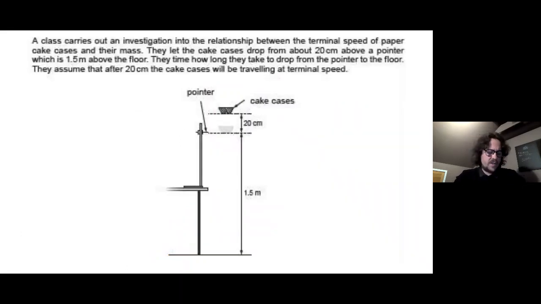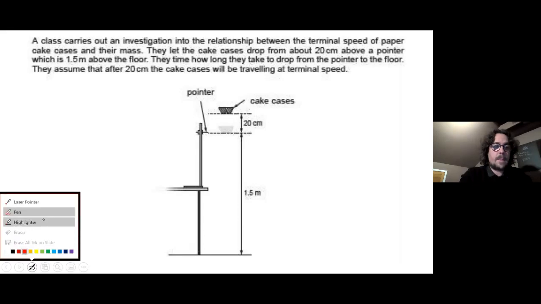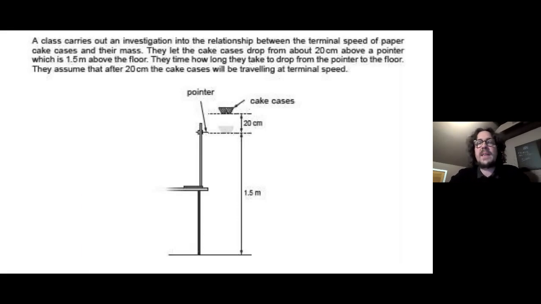So here's a question then, on this practical from a recent paper that the students sat. A class carries out an investigation into the relationship between the terminal speed of paper cake cases and their mass. They let the cake cases drop from about 20 centimeters, right?